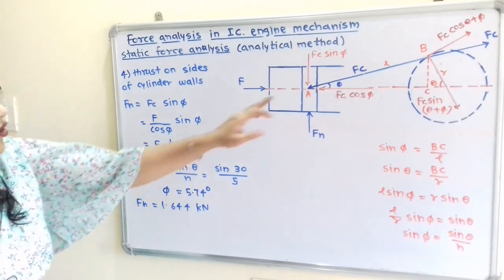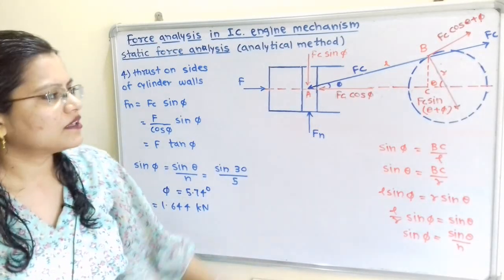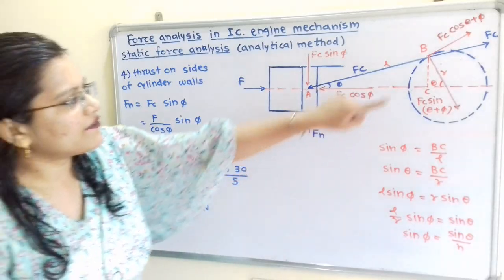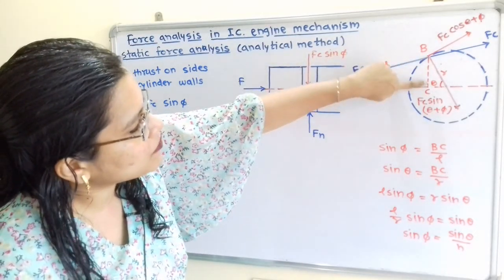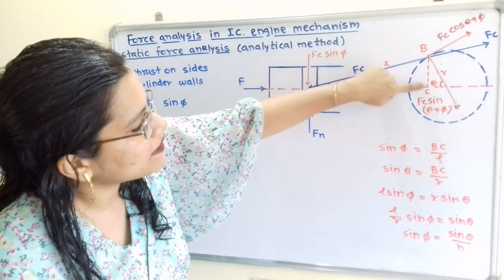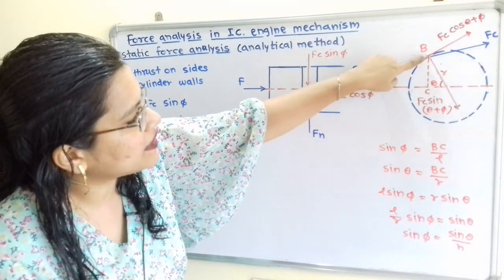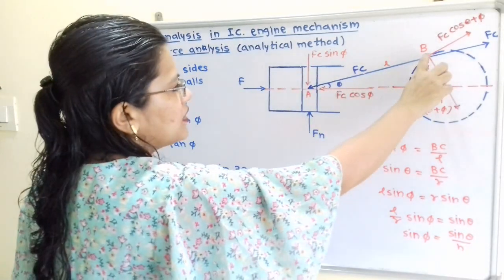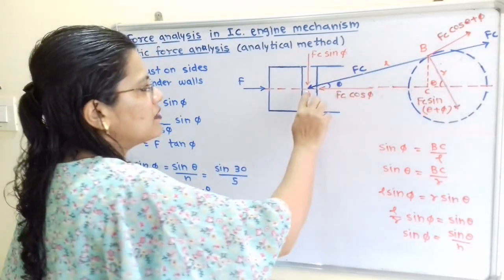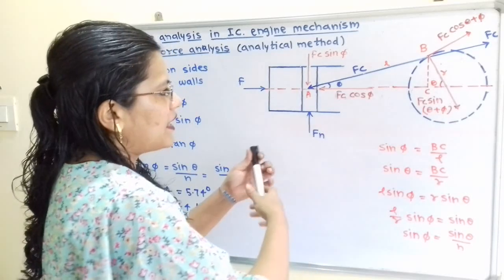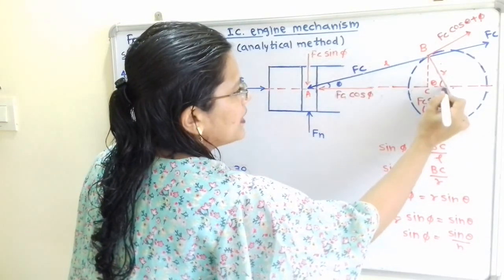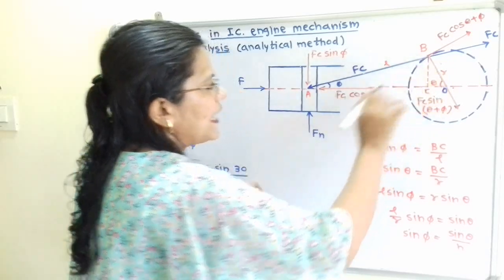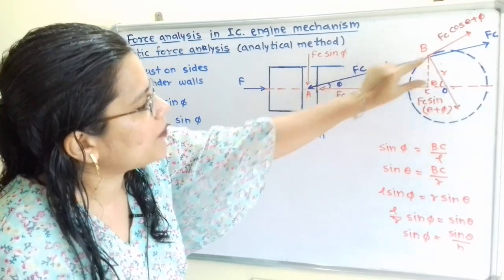Now we don't know this angle phi, but the angle theta is mentioned in the question. If I draw a perpendicular line through point B onto the horizontal line, here is BC. Because of this extra construction line BC, there are two triangles, ABC and CBO. From these two triangles we will find the value of BC.